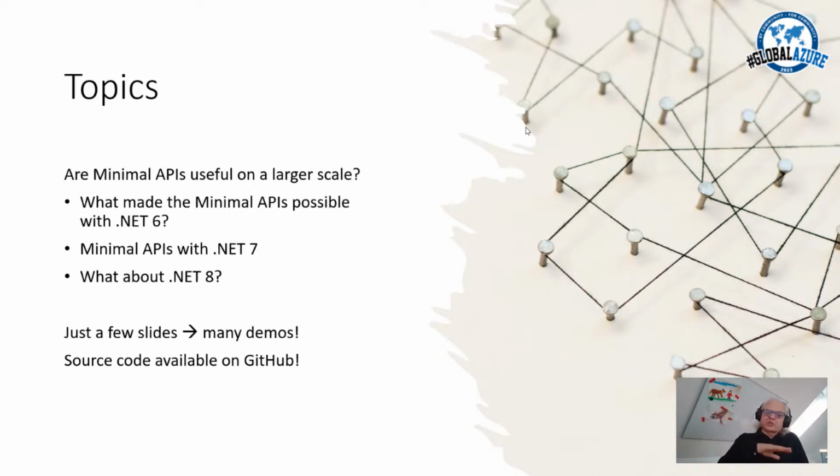I want to show you the different iterations of the minimal API. We start with .NET 6. What were the new features of C# and .NET to make the minimal API possible? Then we continue with .NET 7 and have a glimpse into .NET 8.